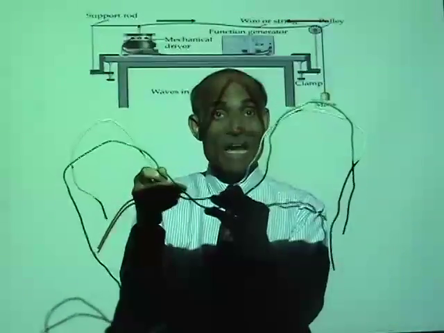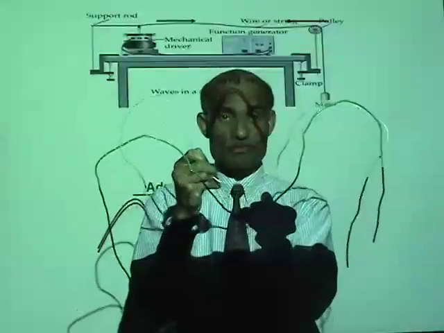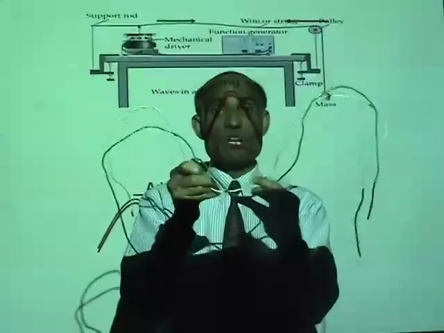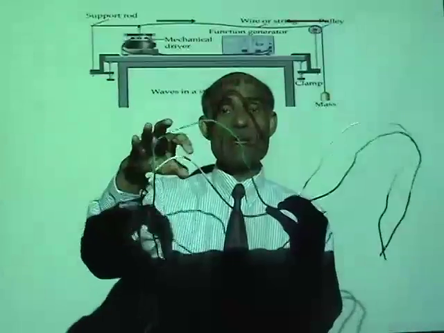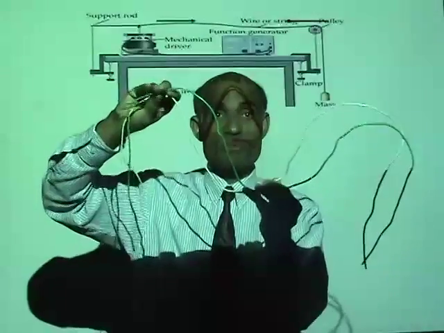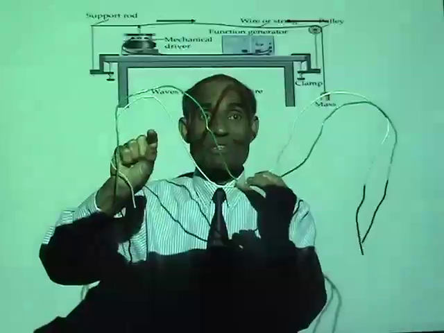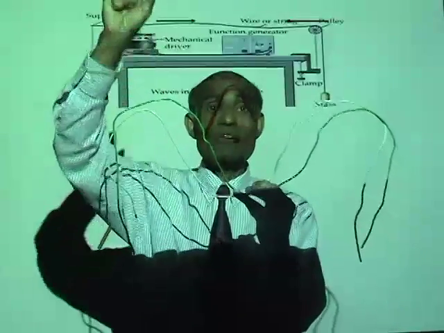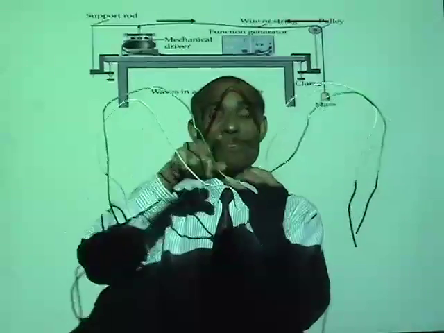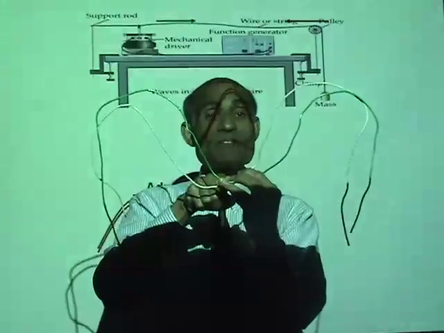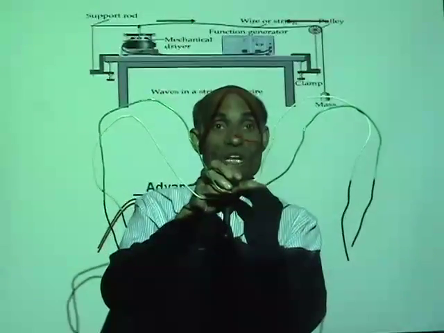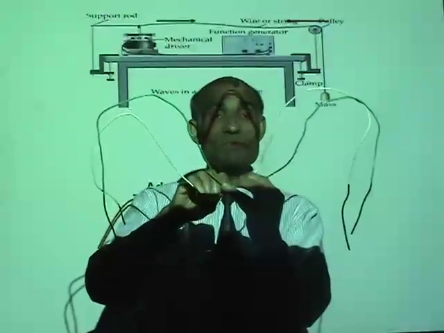You can imagine at a particular time the crest of the green wave and the crest of the white wave are together. That means a particle here will have maximum displacement. The troughs of the two waves are together. The particle here will have maximum displacement.